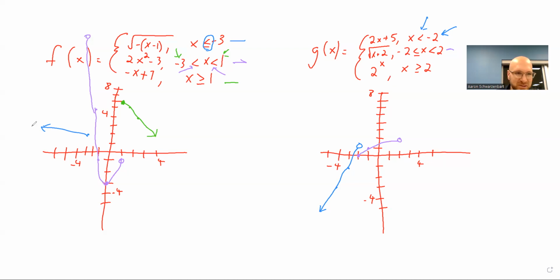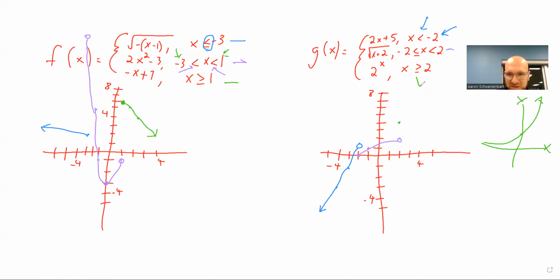And then finally, I have 2 to the x. 2 to the x is an exponential function. It looks like this. Somewhere around here. It starts curving upward real sharply after the y-axis. And 2 to the 2 is 4. So I plot my point. I'm going up real rapidly.